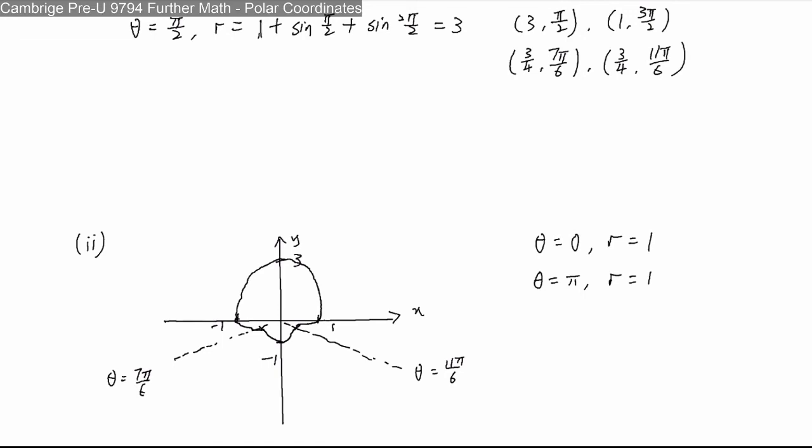We get a graph which looks a bit like a mushroom. You can always use a plotter to check whether you got the graph correctly. So that is for the question.